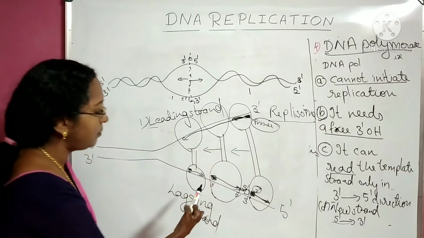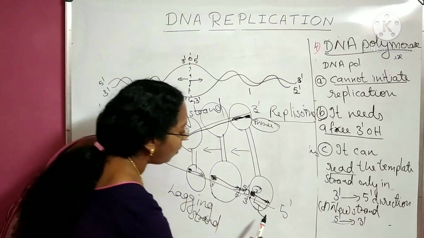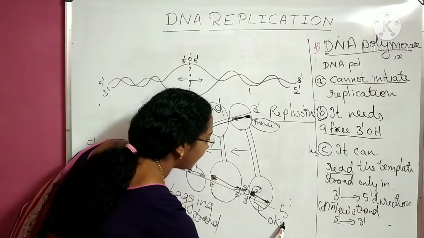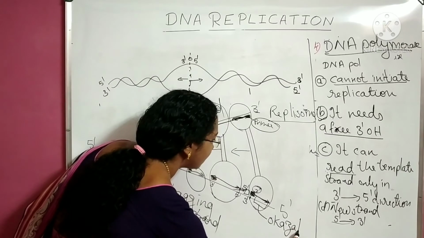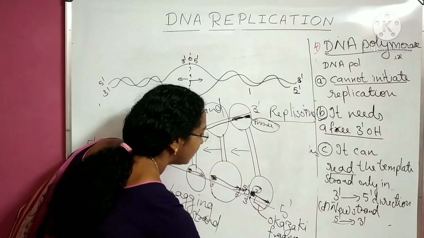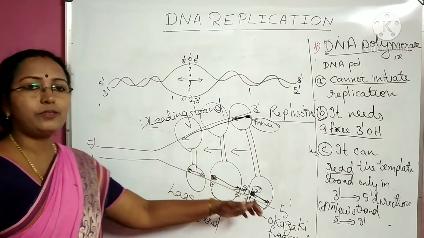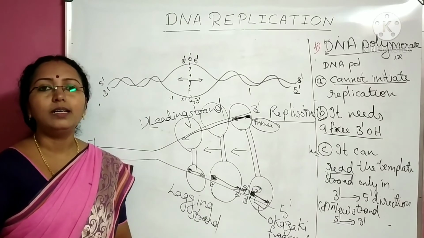And these small fragments are called Okazaki fragments, after the name of the scientist who solved the mystery of how the other strand is getting replicated.